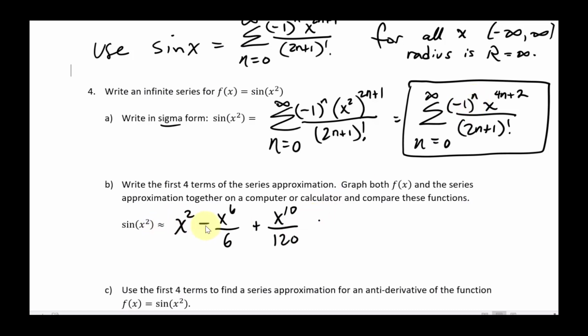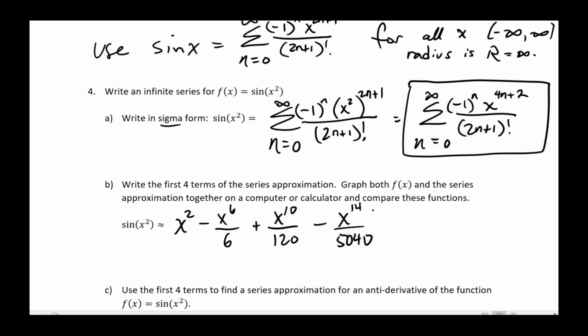I recognize as I go through this that I just keep alternating signs, so I know the next one's a negative. This is 0, 1, 2, so now I'm plugging in 3. Plug in 3, that's 4 times 3, that's 12, plus 2, that's 14. So I have x to the 14, and then I'm plugging in 3 here, so that's 7 factorial, that's 5040. So that's the first 4 terms.